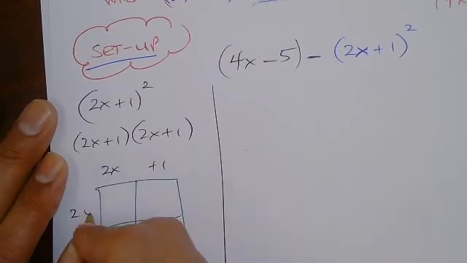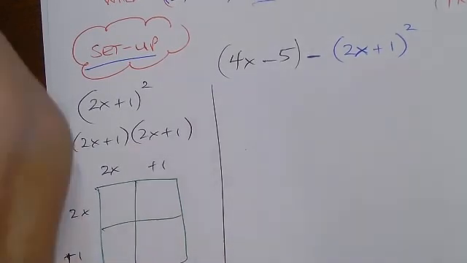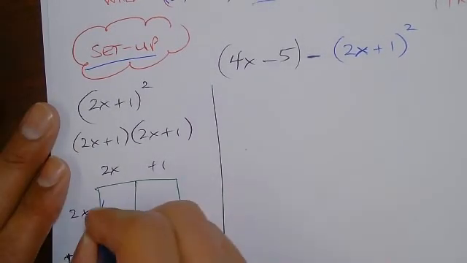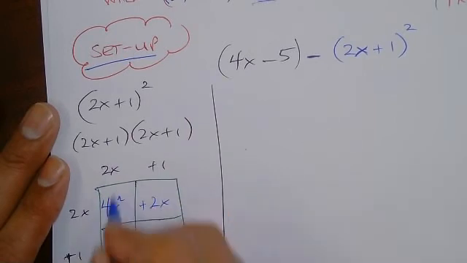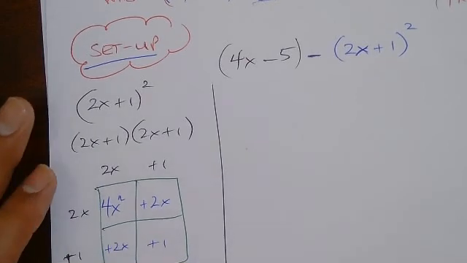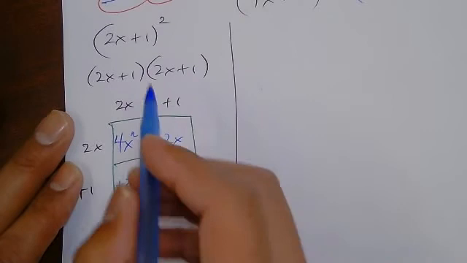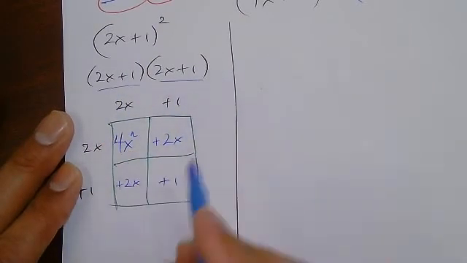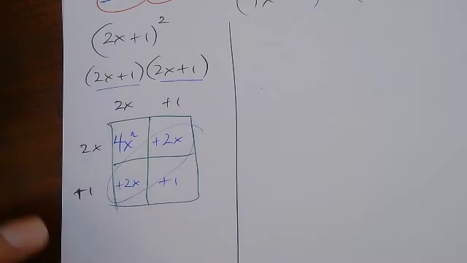That's going to have a 2x plus 1 and a 2x plus 1. So you're going to get 4x squared plus 2x plus 2x plus 1. Right? What am I going to get for this product, or this 2x plus 1 squared? Well, I can see those are like terms.